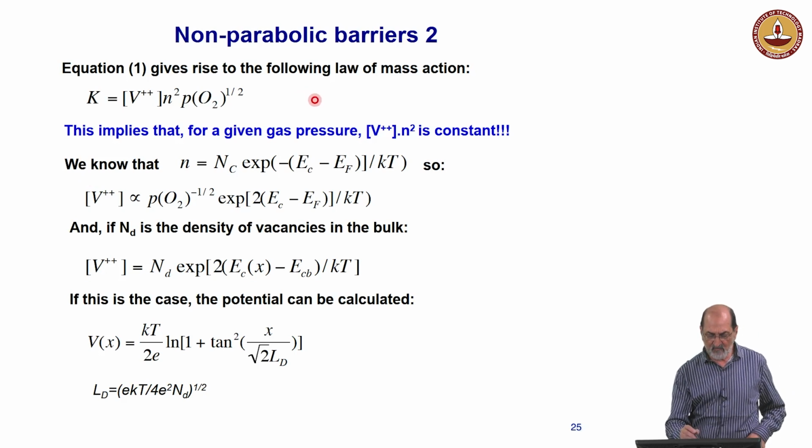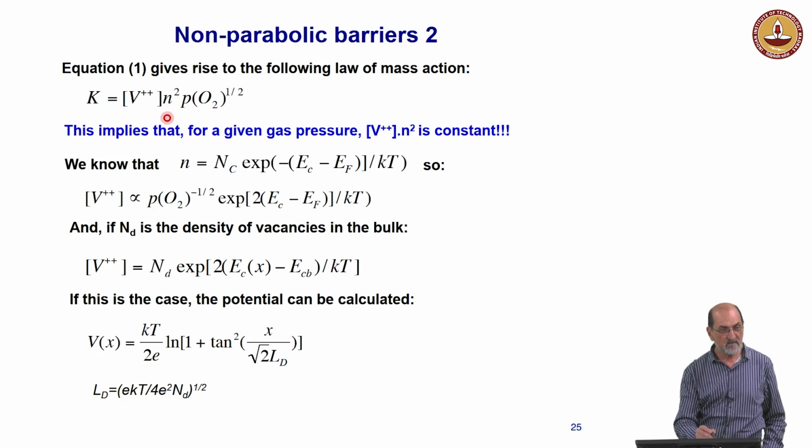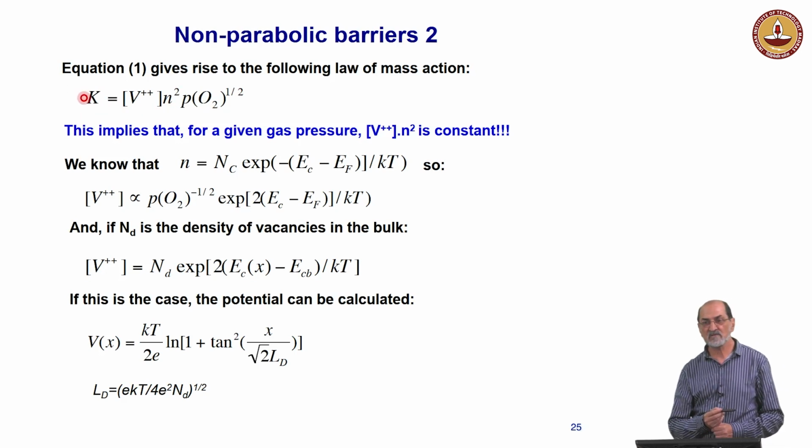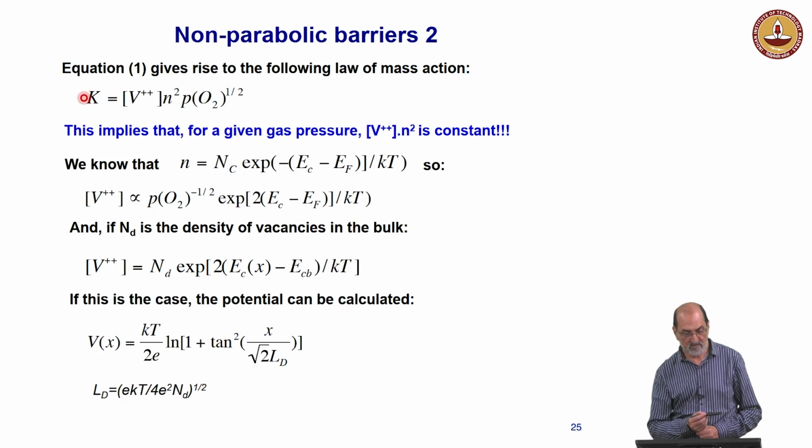So if we apply the law of mass action, we have the density of vacancies, times the electrons, 2 electrons, so it's n squared, and we have the pressure, which was to the 1/2. That has to be essentially constant, because the density of oxygens in their places practically does not change.